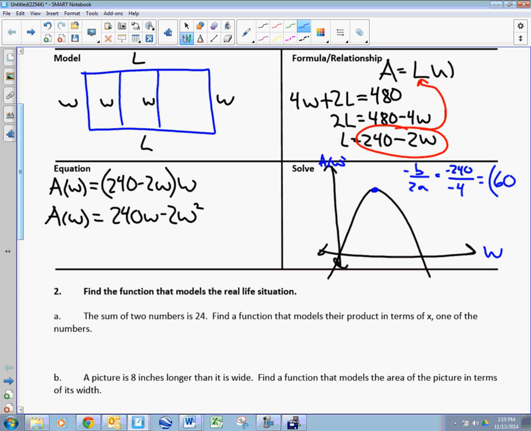Area in terms of w is your y value because that's what your function is equal to. So when you find a coordinate, the x value is w, the y value is area in terms of w. Let's just decide what we truly need here. What are we trying to find in the problem? Is the problem asking for the dimensions or is it asking for the actual area?